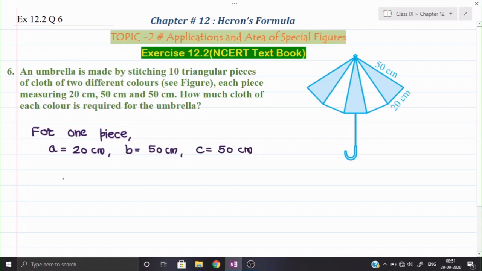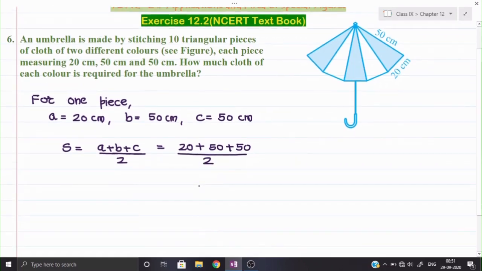Okay, let us proceed to find out first the value of the semi-perimeter. S equals A plus B plus C divided by 2. So put the values here, 20 plus 50 plus 50 whole divided by 2. So it will be 120 divided by 2, that will be 60. So the value of S is coming here 60 centimeter.